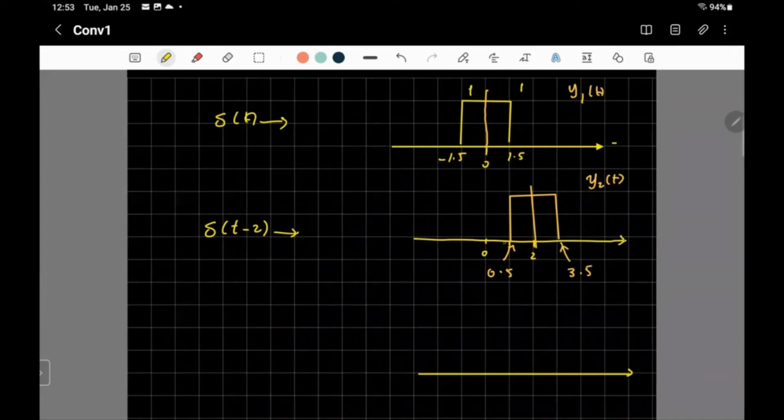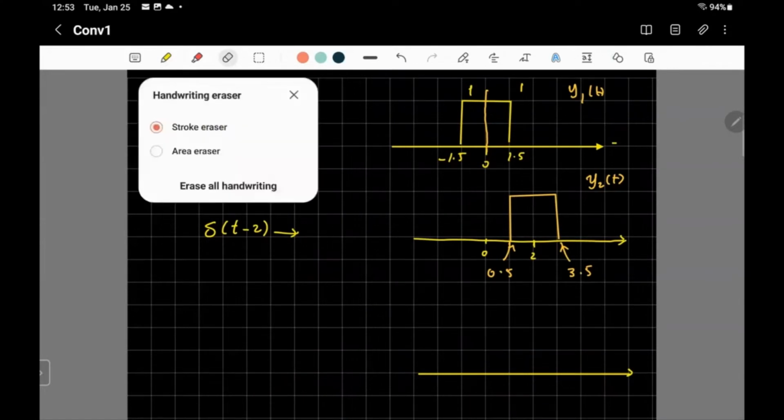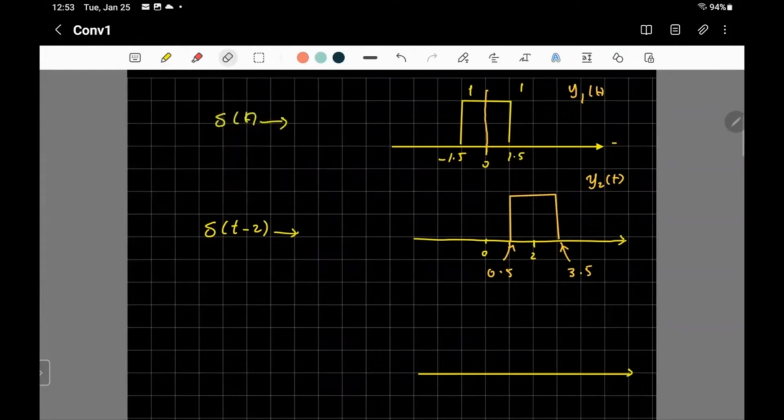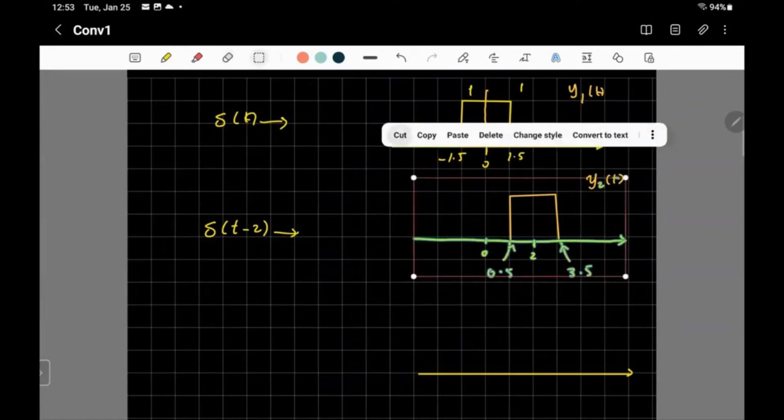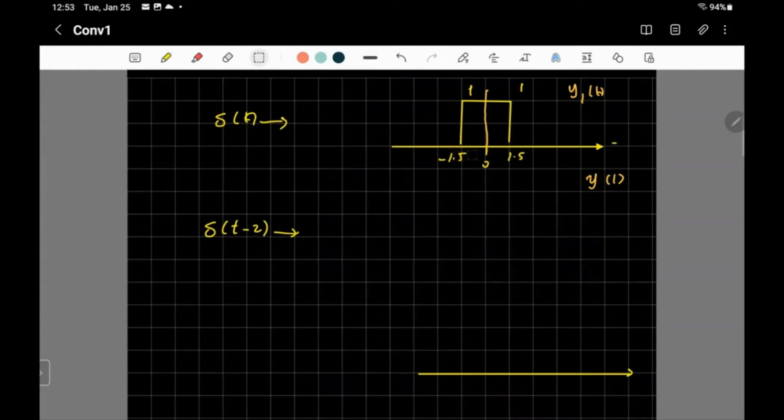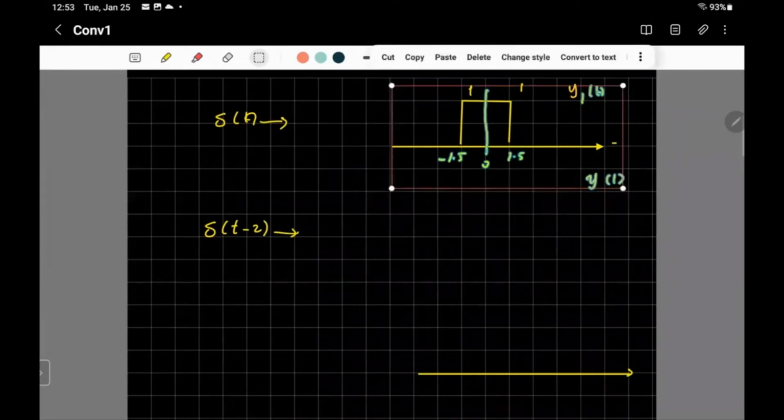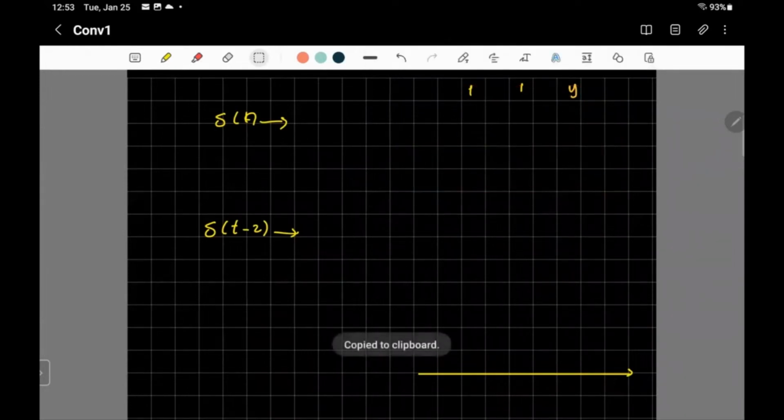By the way, I didn't sketch it in the right scale. Because I'm going to add graphically, it should be correct, so I'm going to sketch it in the right scale.